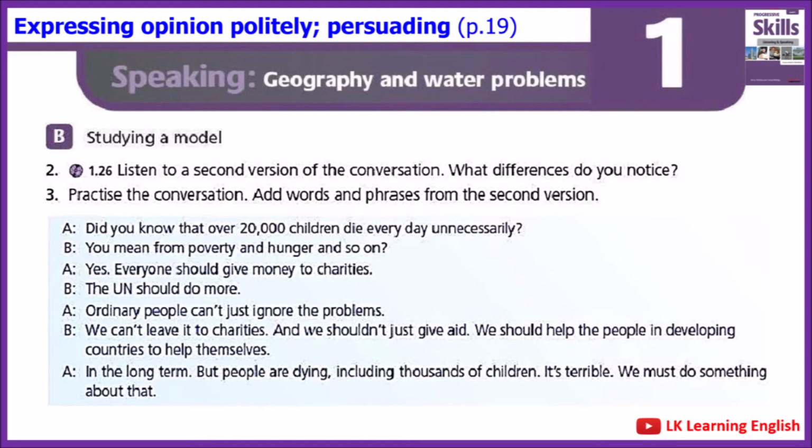Perhaps. But we can't leave it to charities, can we? And anyway, surely we shouldn't just give aid. Shouldn't we help the people in developing countries to help themselves? Well, okay, in the long term. But in the meantime, people are dying, including thousands of children. It's terrible. We must do something about that, mustn't we?